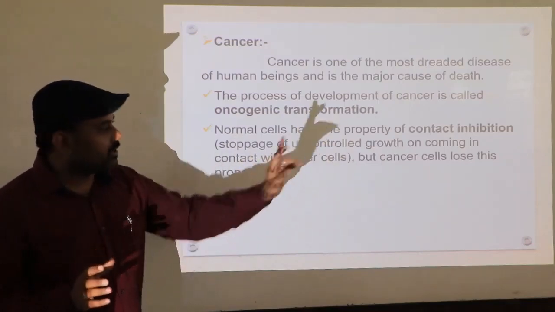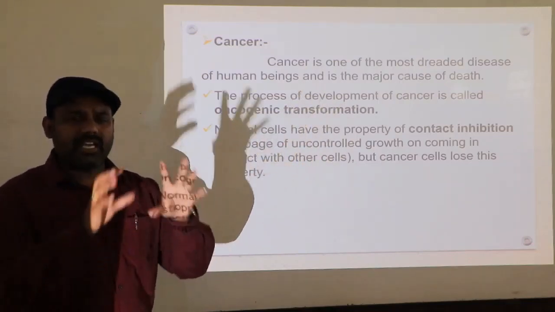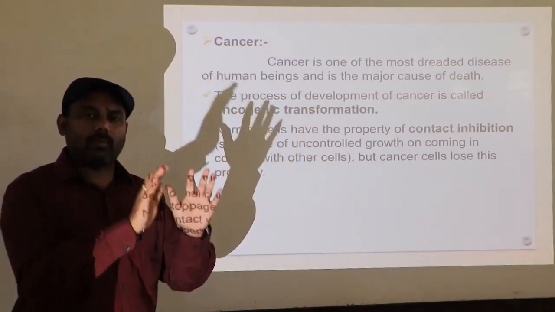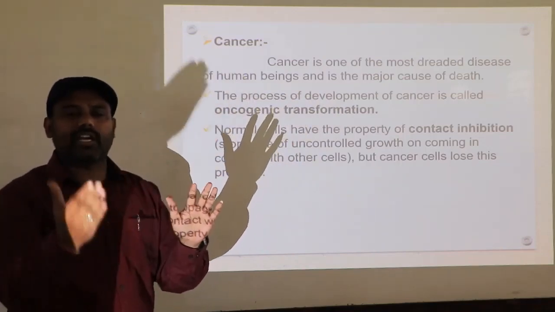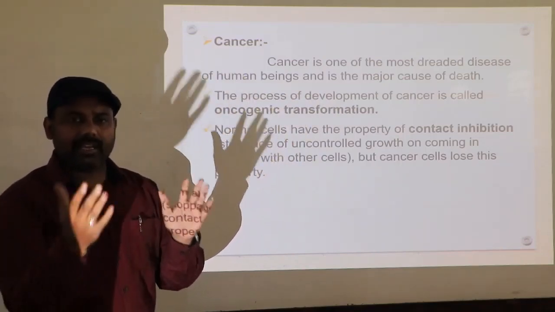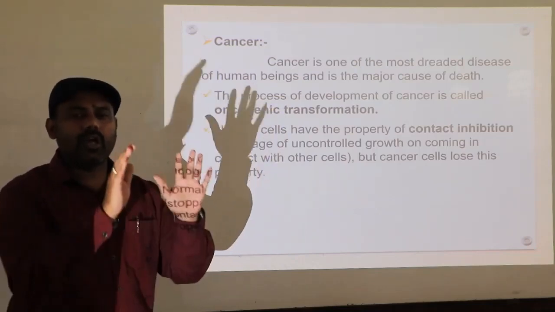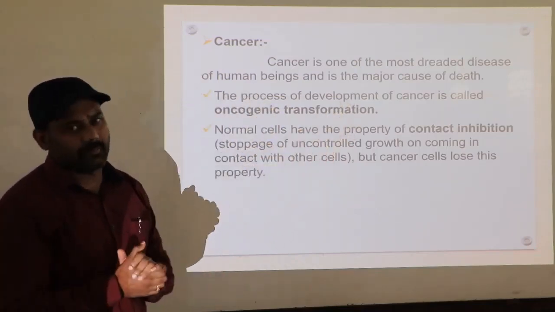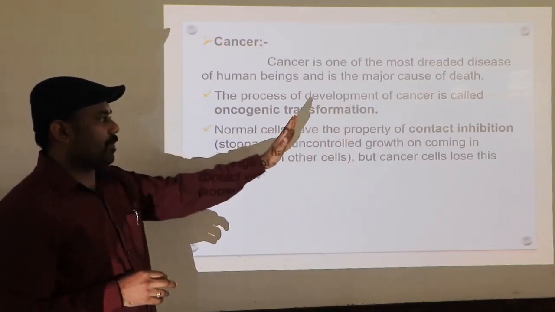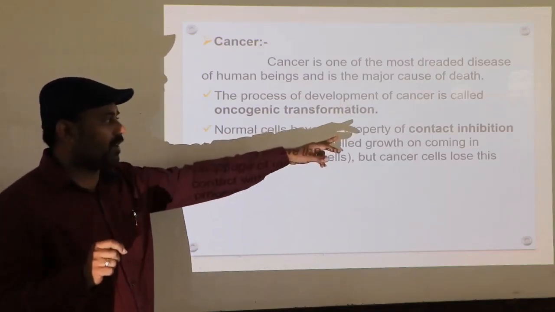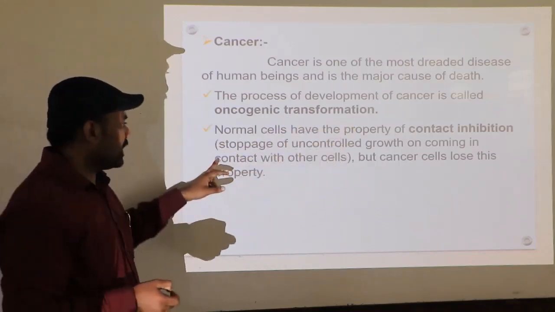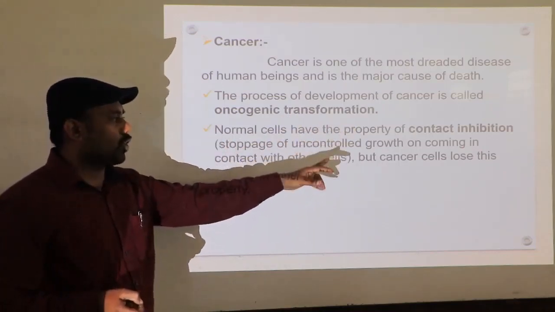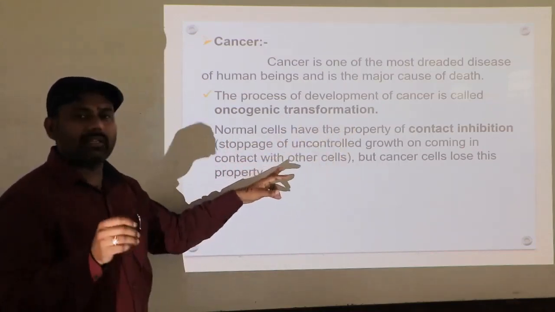Getting my point? So contact inhibition means that in our body, if any normal cell is about to convert into a cancerous cell, the neighboring cells prevent that. So normal cells have the property of contact inhibition, that is, stoppage of uncontrolled growth on coming in contact with other cells.